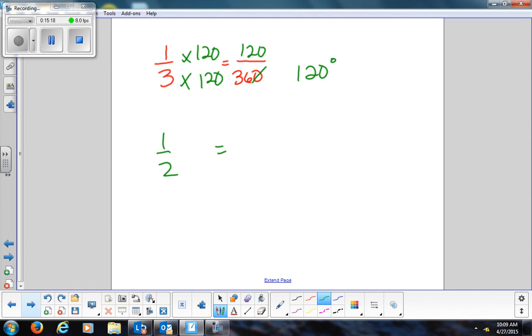Make it equal to what? Look at me. What has to be here?